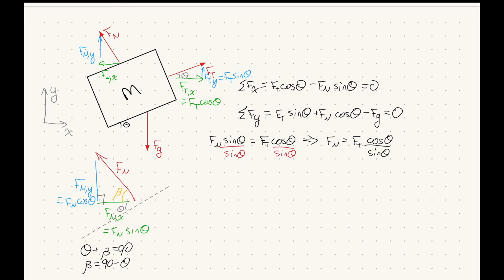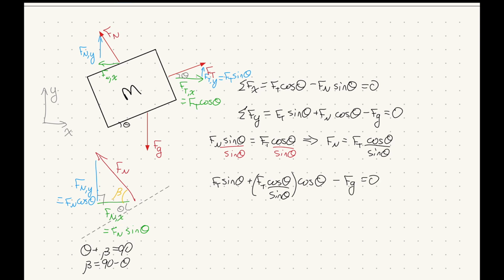And we plug this value in to our equilibrium equation in the y direction right here. What we'll get is that our tension force sine of theta plus our tension force cosine of theta over sine of theta times cosine of theta minus our gravitational force will be equal to 0.